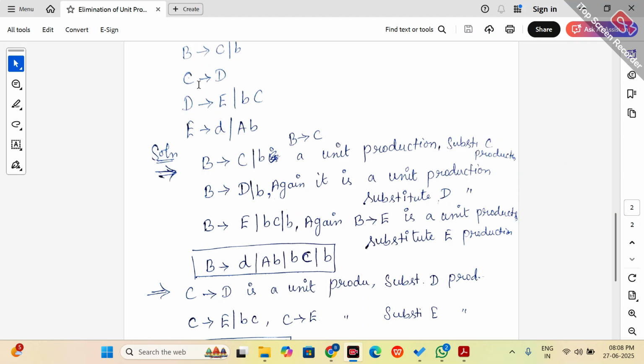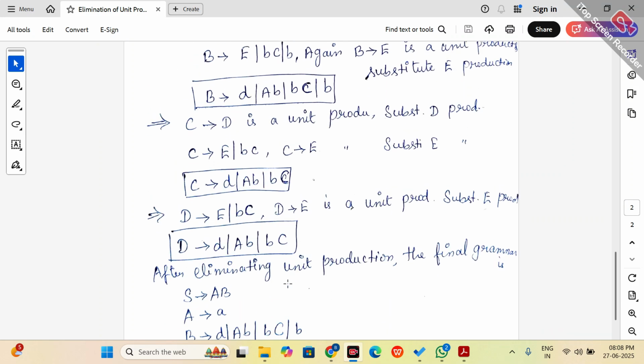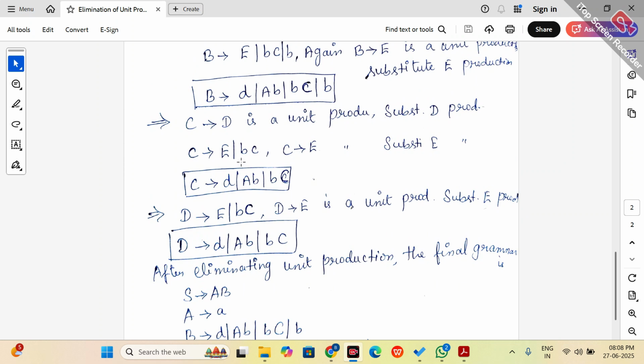And similarly do the same thing for C. C tends to D is a unit production. So we repeat the same thing. If it is a unit production, instead of D, we substitute the D production, E and bC. Again C tends to E, it is a unit production.